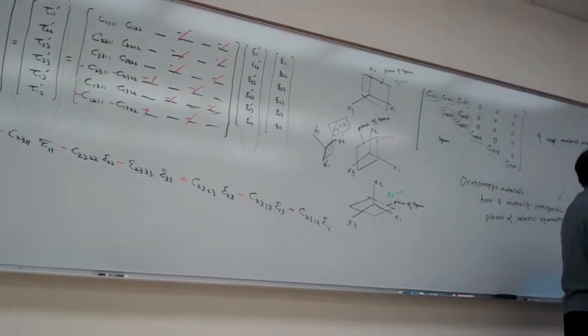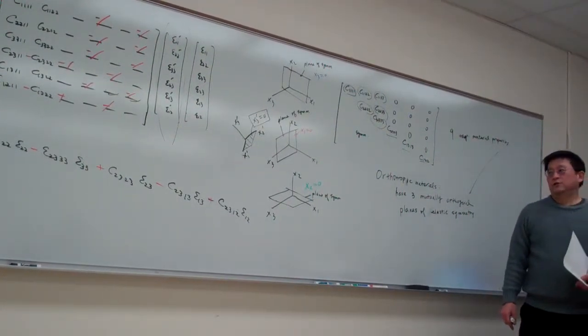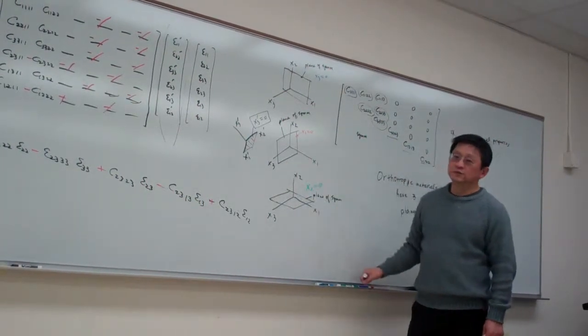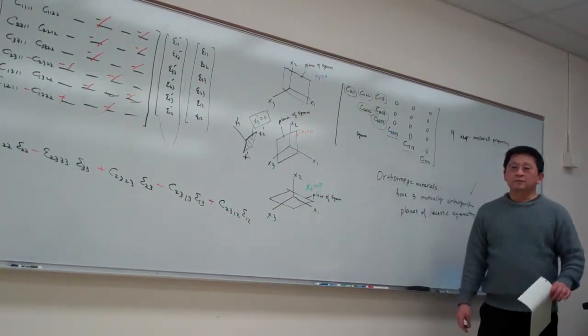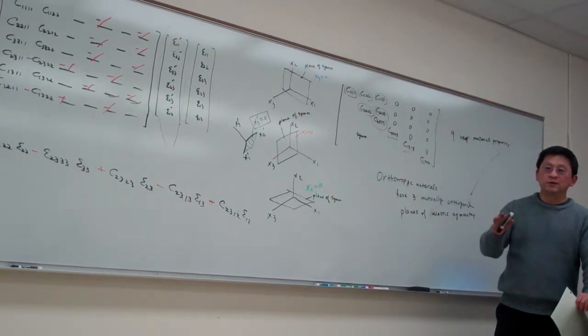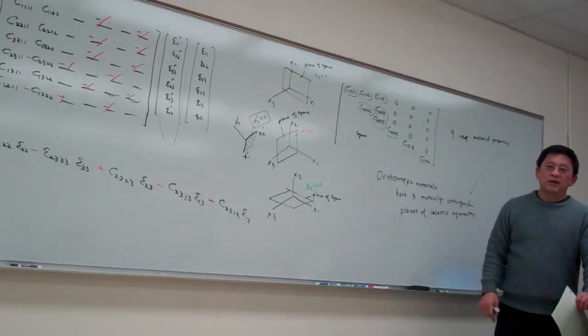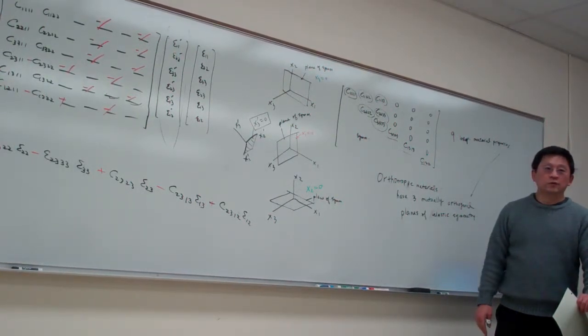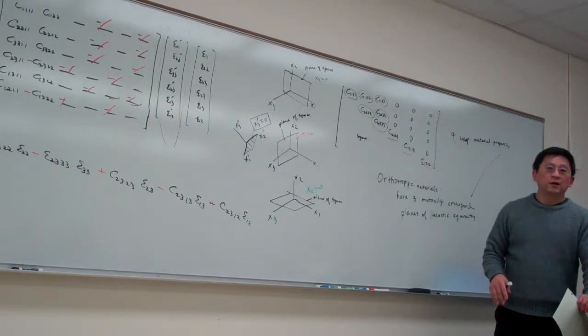For a material to have planes of symmetry, what it really requires is a certain regular pattern of arrangement at the atomic level. So that indicates this material should be some kind of crystalline or multi-crystalline material.